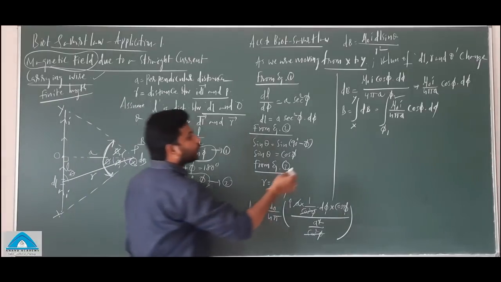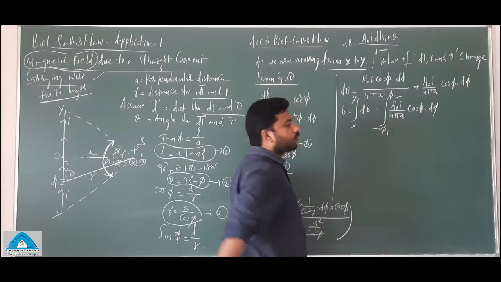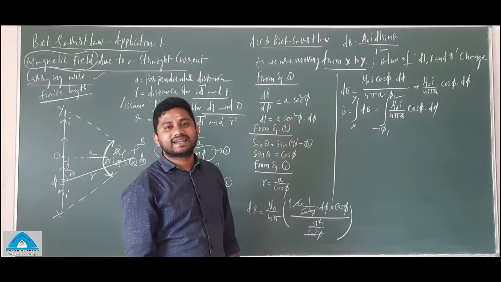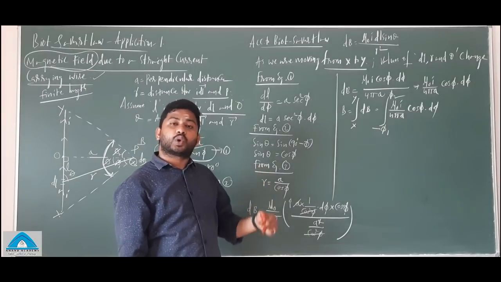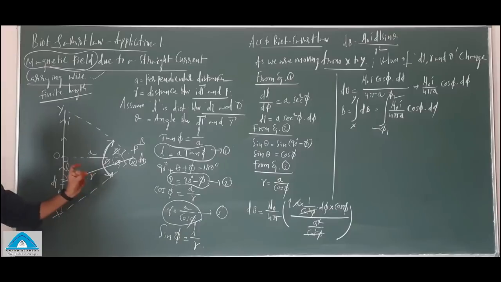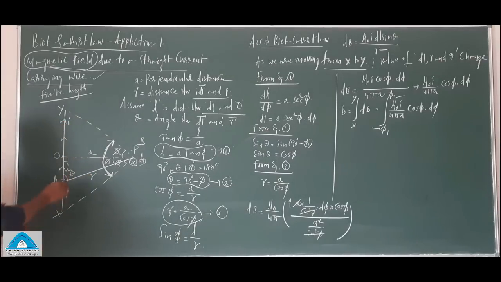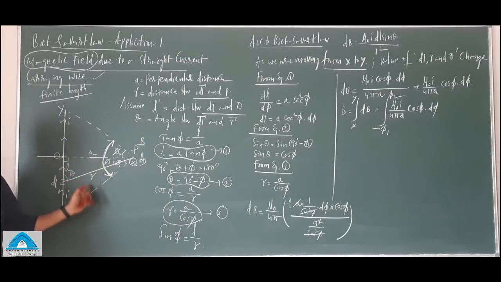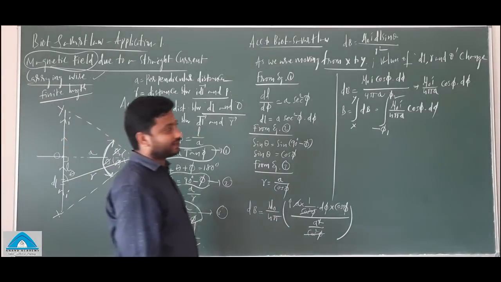As phi 1 is measured in anti-clockwise, I am taking it as negative. Or you can also say that phi 1 is the angle which is located below this origin, or below this perpendicular distance, that's the reason. So minus phi 1 is here, right?